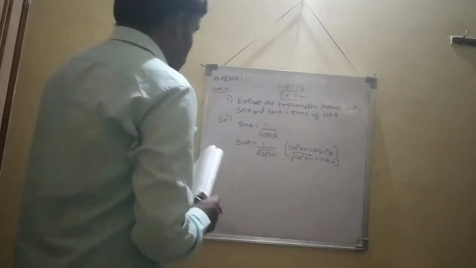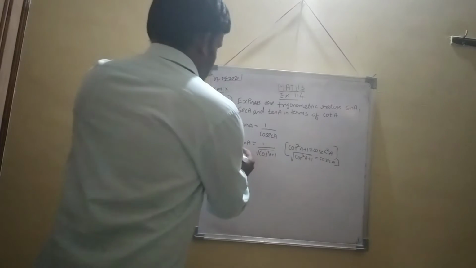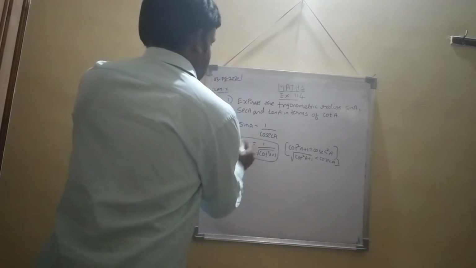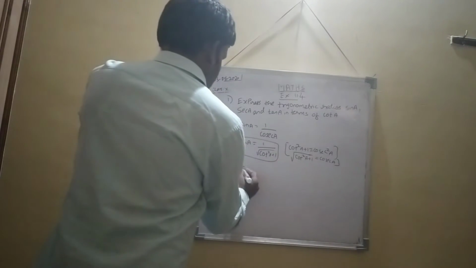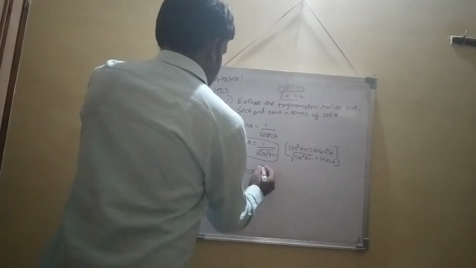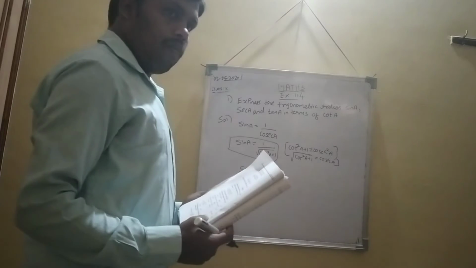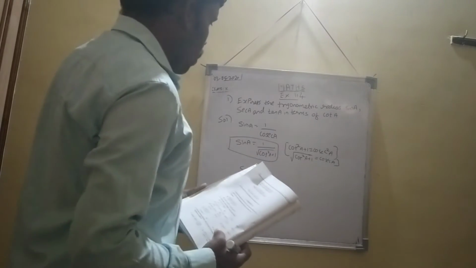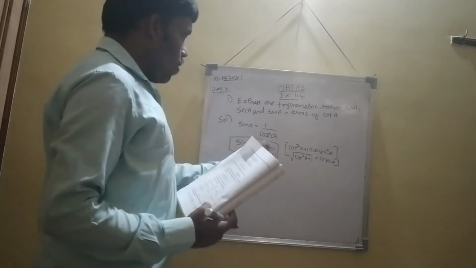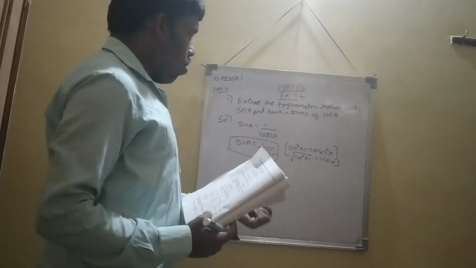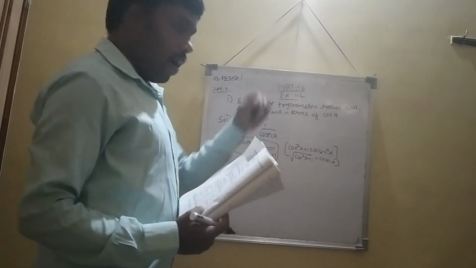Okay. Similarly, next we will take secant. Now, how is secant related with cot? If you see, secant is not directly related to cot, but it is related to tan.